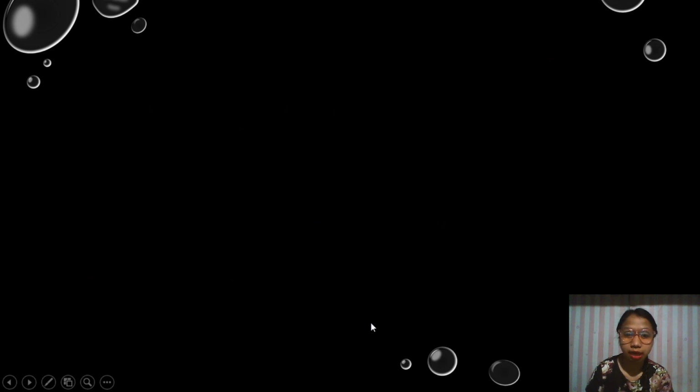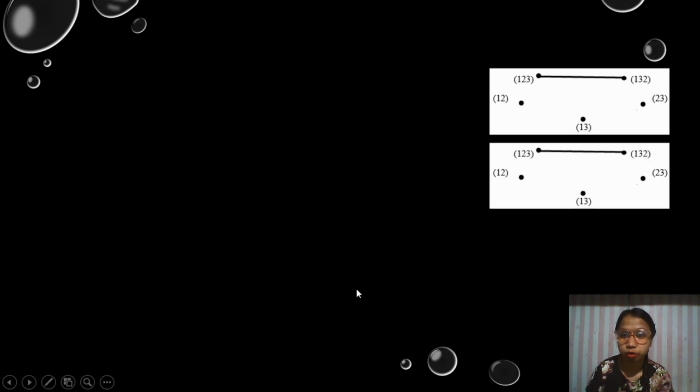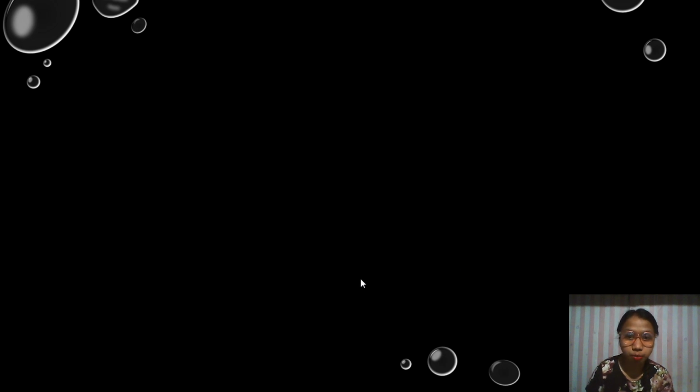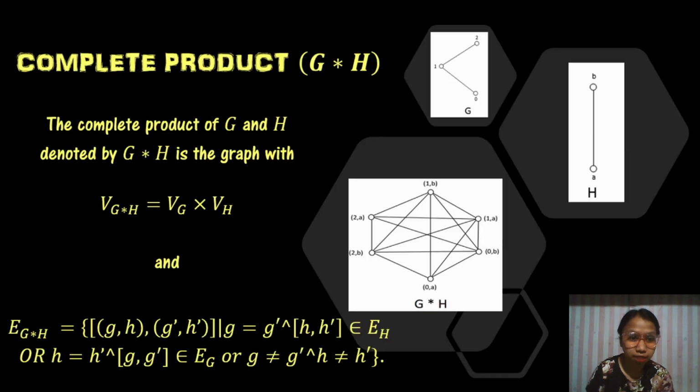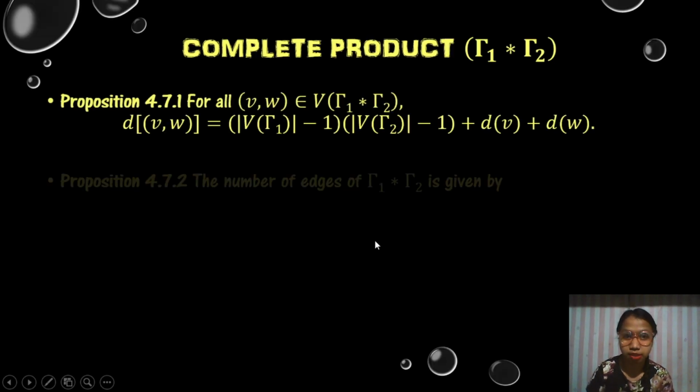So let us look at the result of applying complete product on two S sub 3s. I picked two S sub 3s instead of an S sub 3 and an S sub 4 because, as you've seen in the definition here, you'll be getting the cross product of the vertex sets of the two graphs.